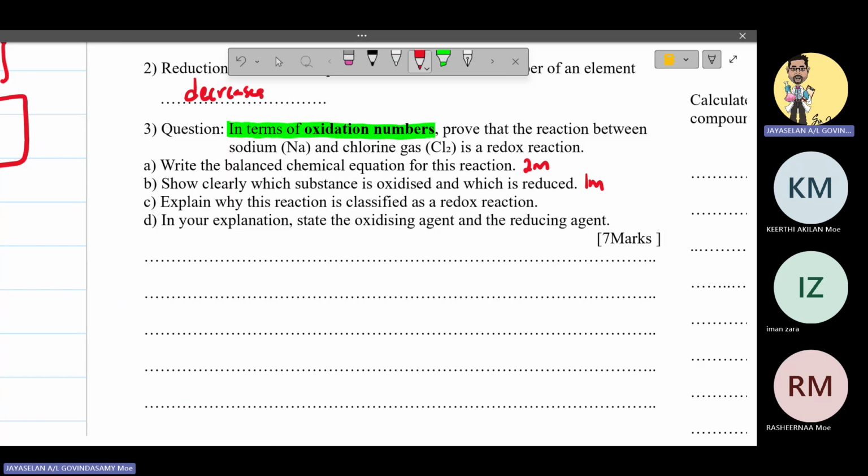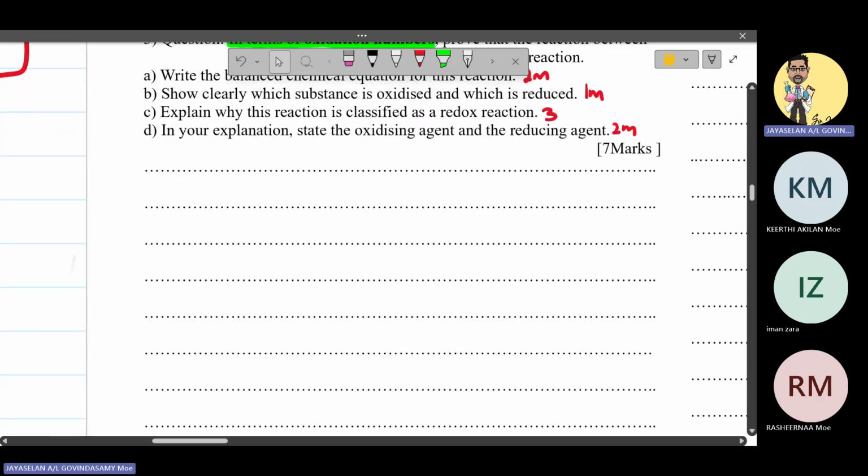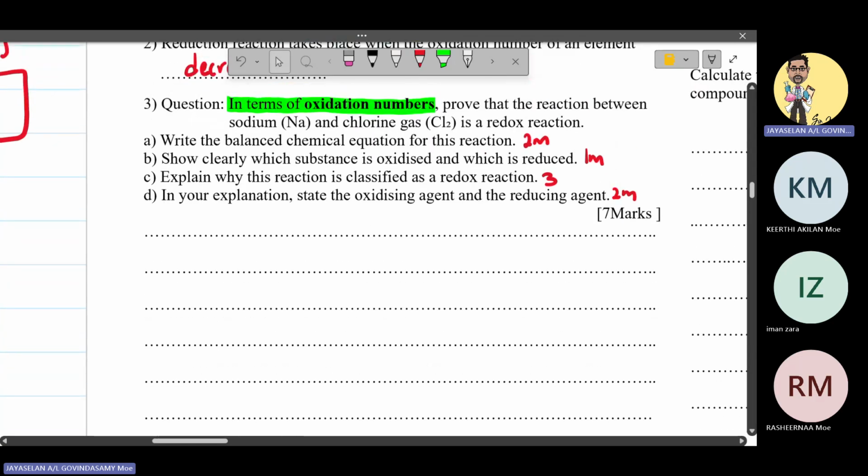Explain why the reaction is classified as a redox reaction. This is 3 marks. Maximum 8 marks, they will take 7 marks for the exam. Normally it should be 8, but now they are very stingy with marks.